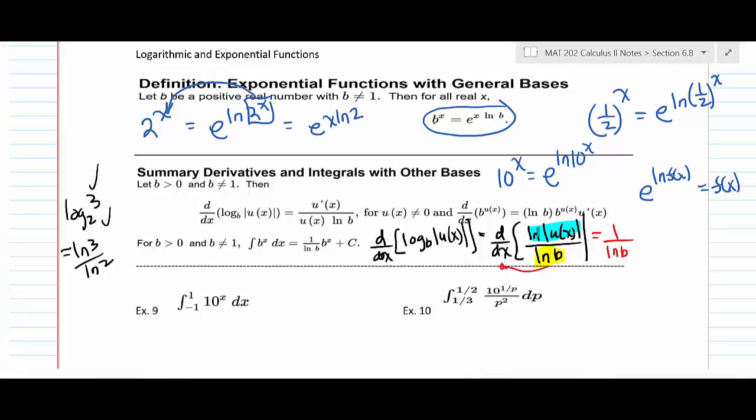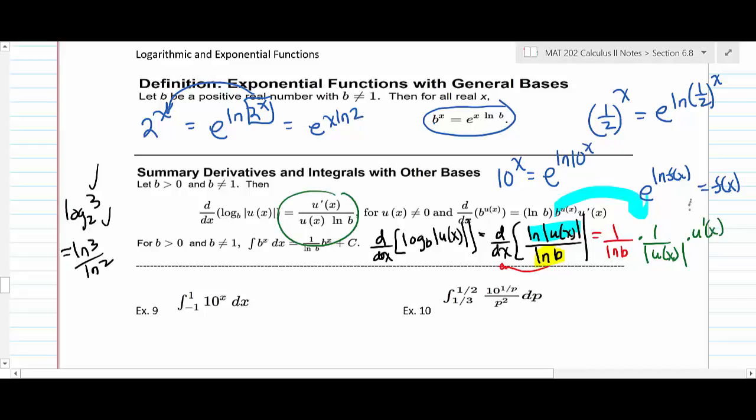That's the chain rule for a logarithm. So when I do this derivative, I'm going to have 1 over the function times the derivative of the function. Okay? Now that's going to essentially give you what that formula is right there. You got u prime of x, like I got there, and you have ln b.